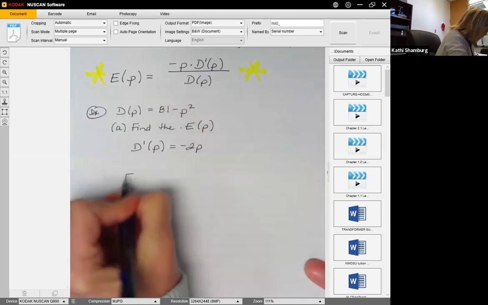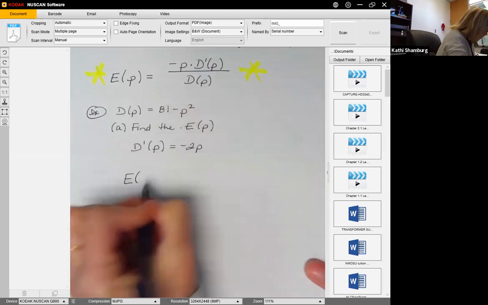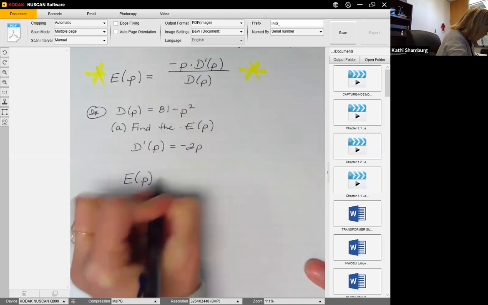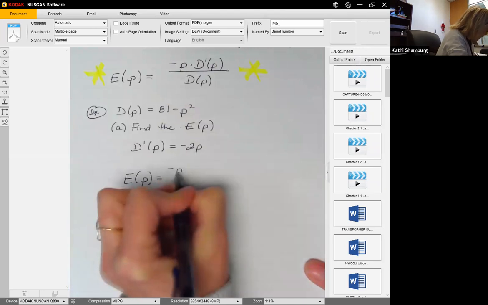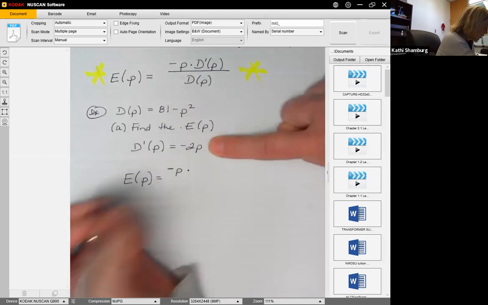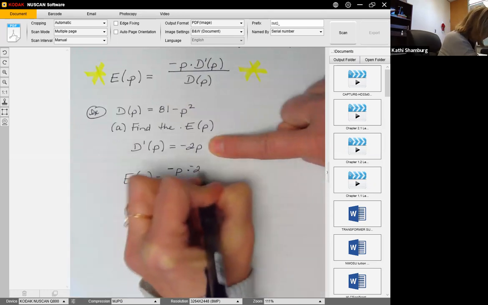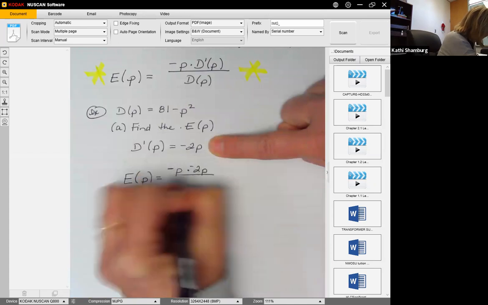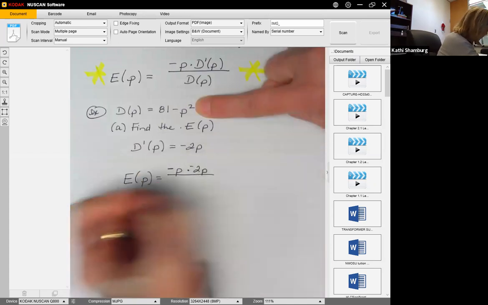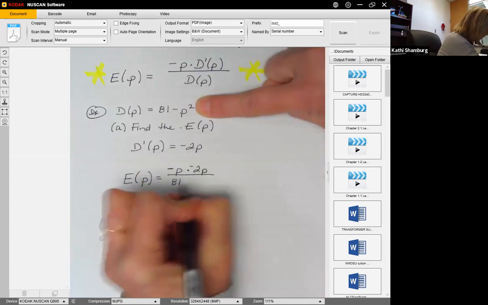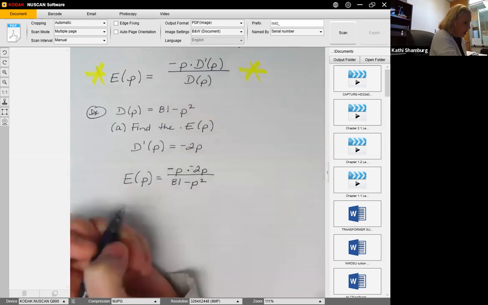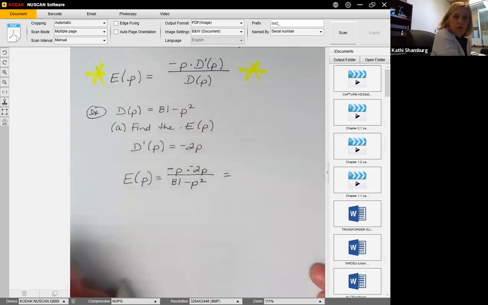So then to find my elasticity of demand, it is negative p times the derivative of the demand function. In this case, that's negative 2p divided by the original demand function, 81 minus p squared. I'm just going to clean the numerator up. A negative times negative is positive, and then I have positive 2, p times p is p squared.